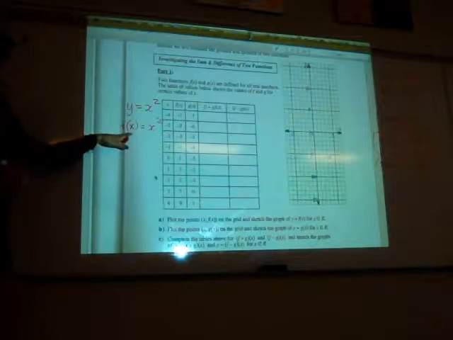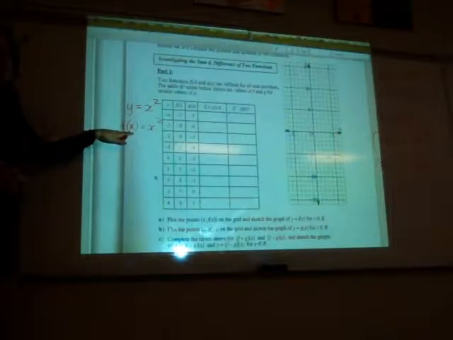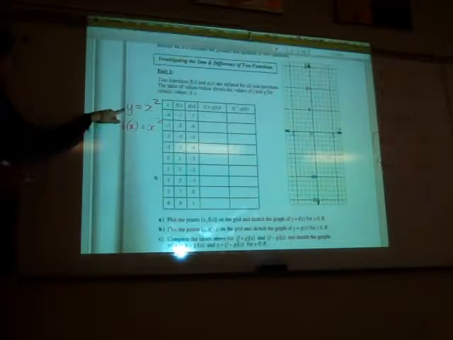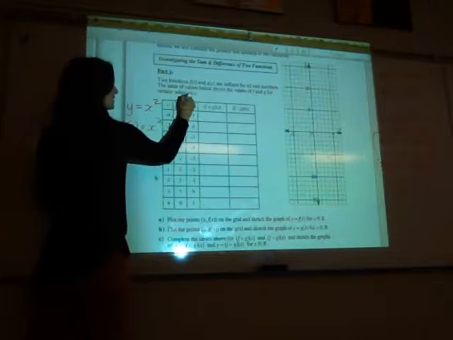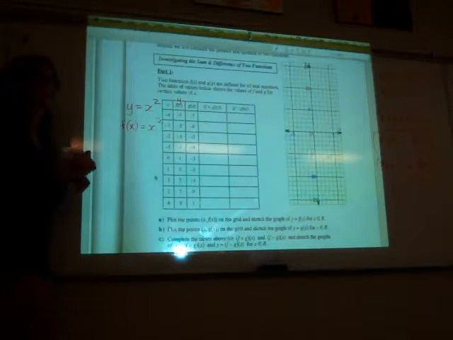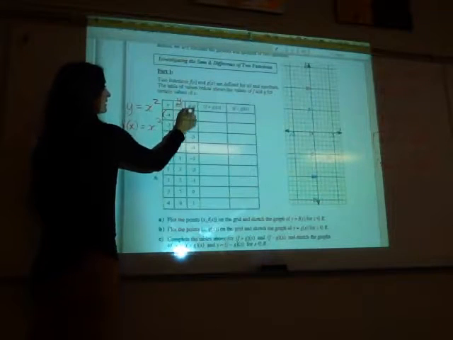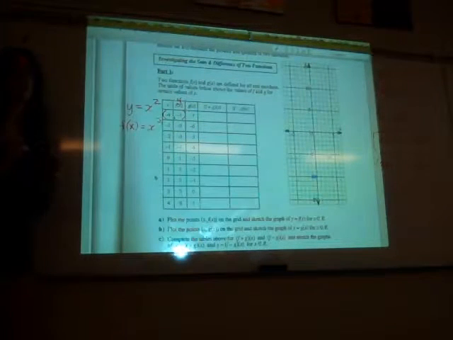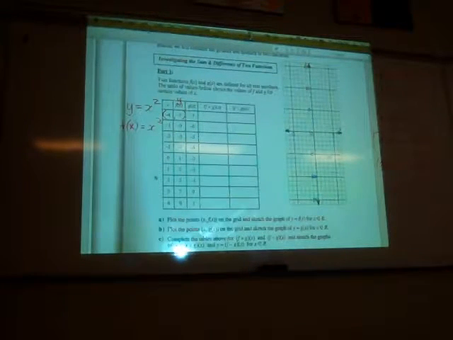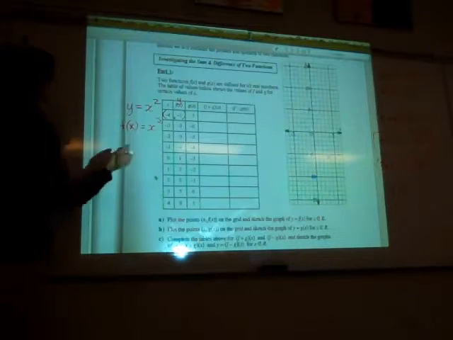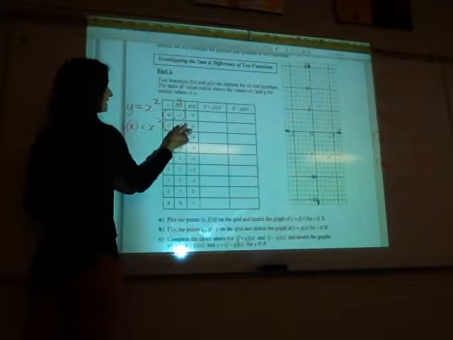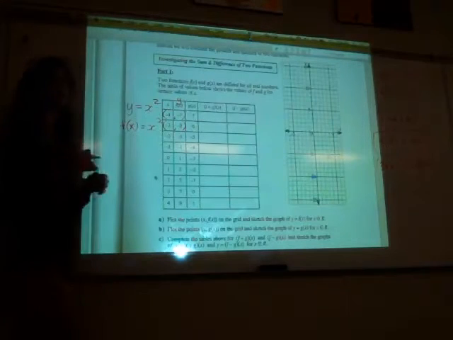So what is another way of writing f of x? Y. So these are pretty much like your y coordinates. So here I have an x coordinate and y coordinate, and now I have an ordered pair. So what we're going to do is create these ordered pairs, or identify them, and plot them on the graph.